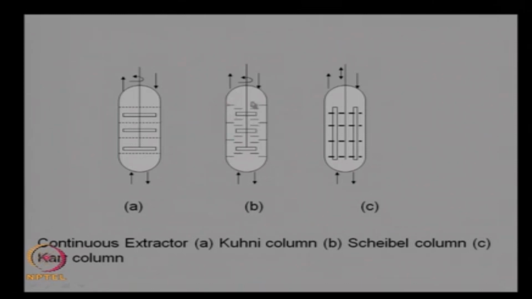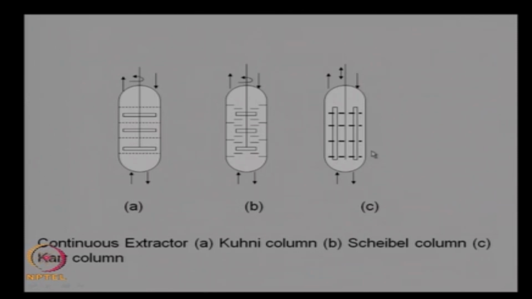Again the principle here is you are creating several stages next to each other. So the two liquids come in intimate contact in each of the stages separately, whereas in your Cooney column you are using sieve plates, here you are using certain partition baffles to create this stage effect. The third type is called the Karr column, where the agitator moves up and down.